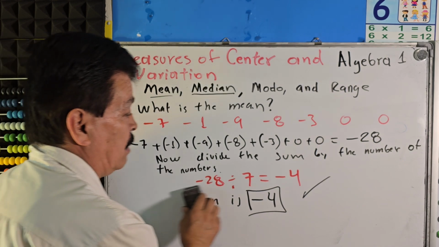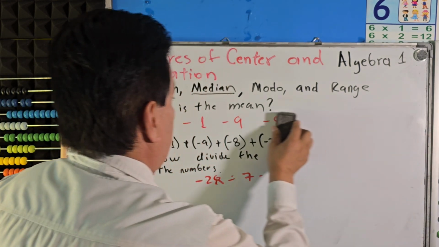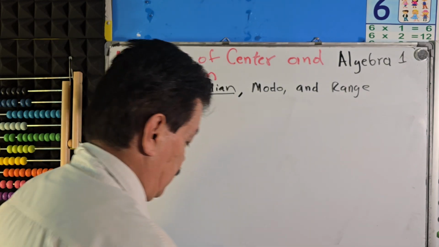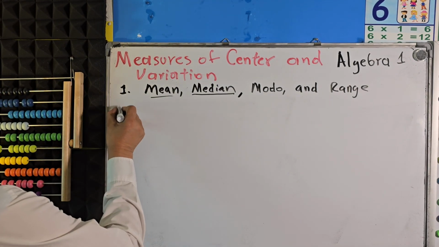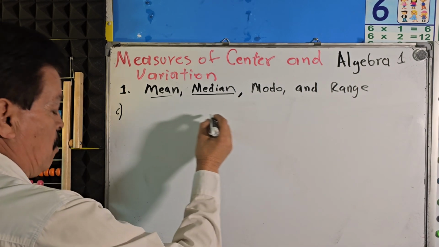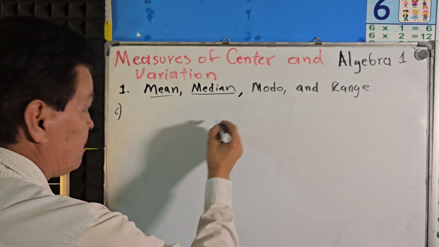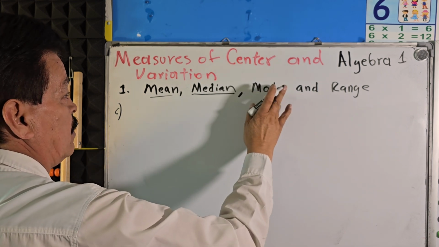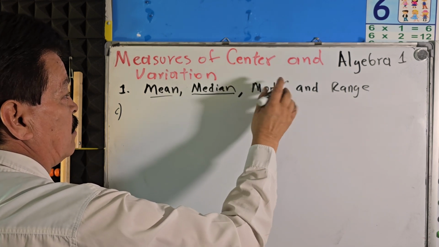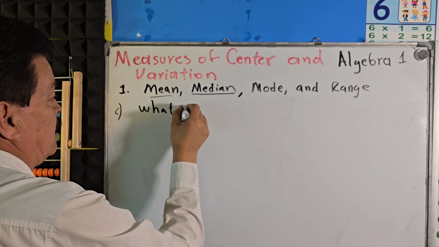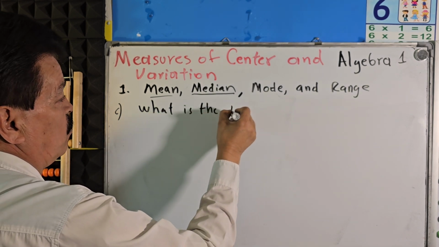Let's go now. Let me show you the other one. So we have different sides here. So there's number 3. So where is the mode? I made a mistake. Mode. So what is the mode?